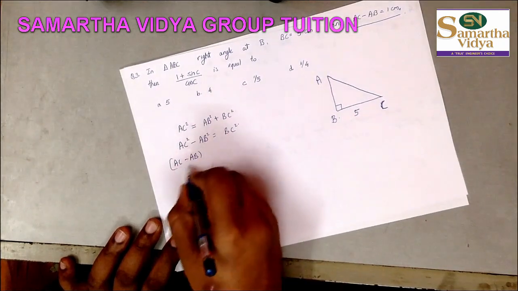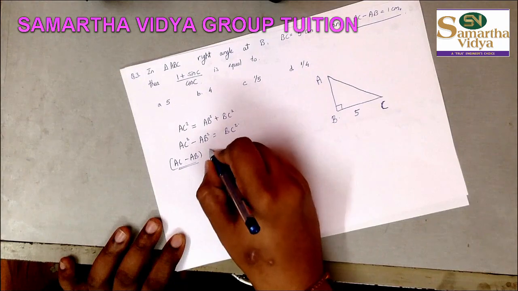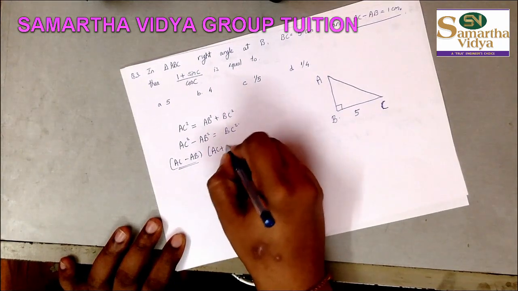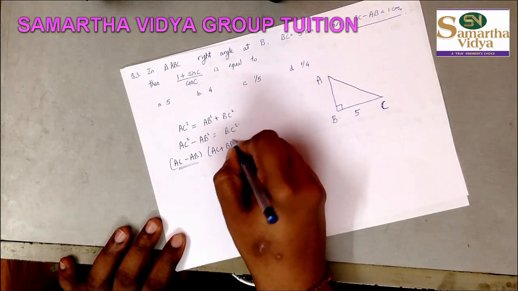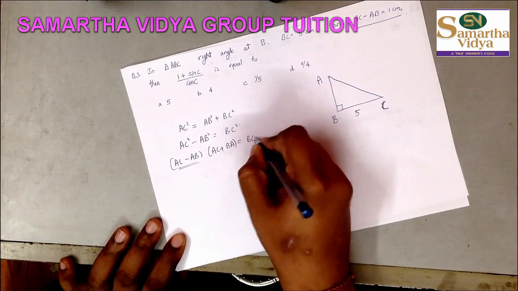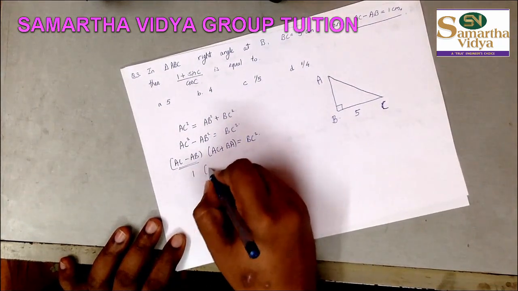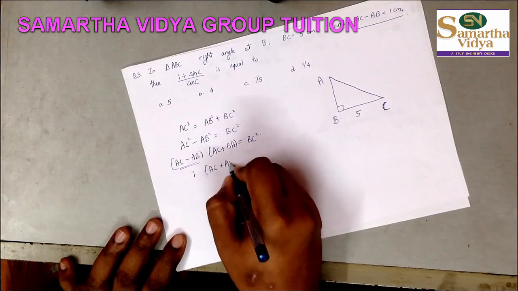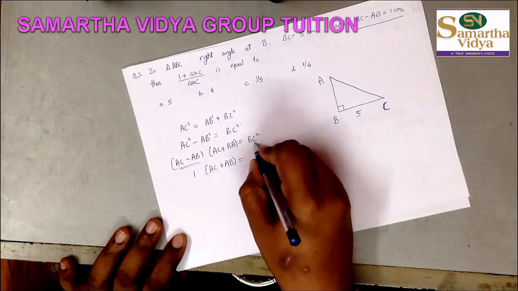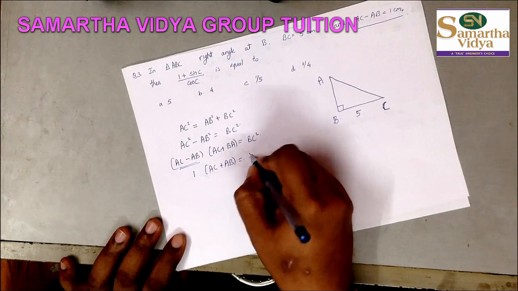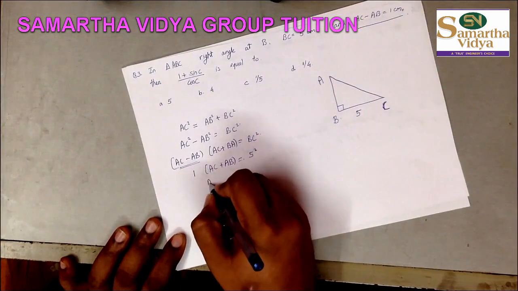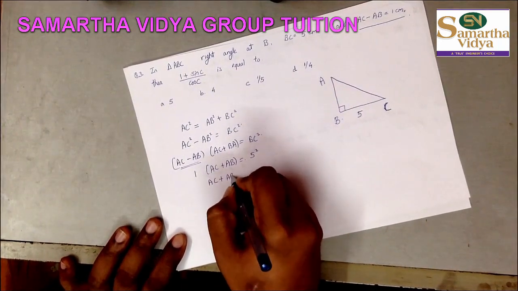You can understand why we have written this, because this value is actually given to us. So this value is equal to 1. So 1 into AC plus AB is equal to BC square. BC square is 5 square. So we are getting basically AC plus AB is 25.